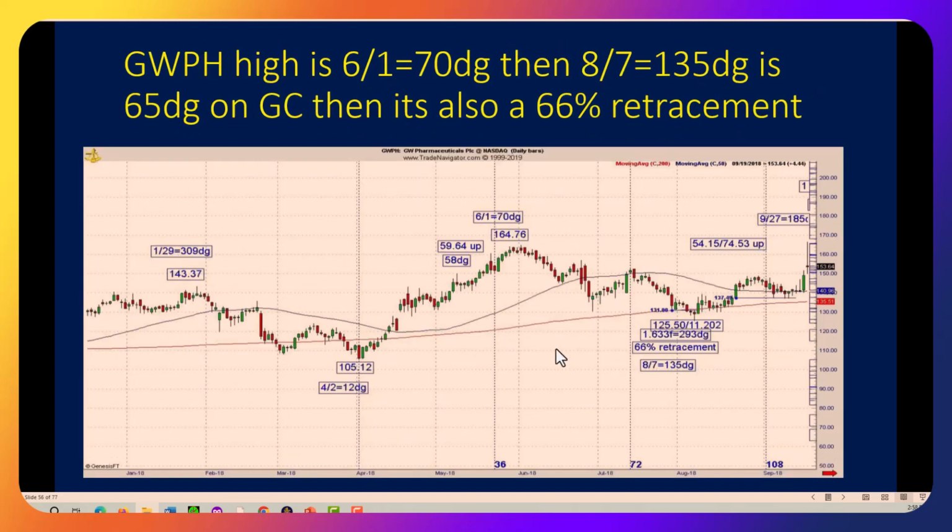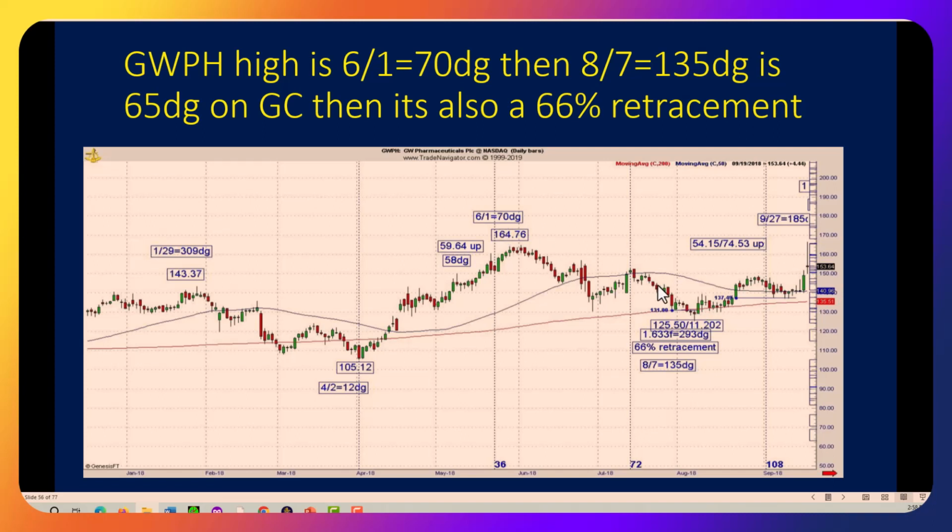Here's another situation. Okay, so here's what we have here. 6/1 is 70 DG day. This is GWPH, GW Pharmaceuticals. 8/7 is 135.